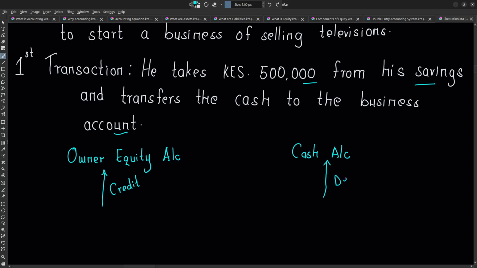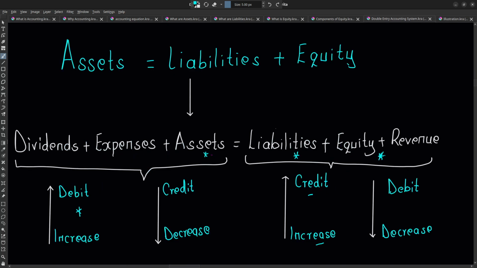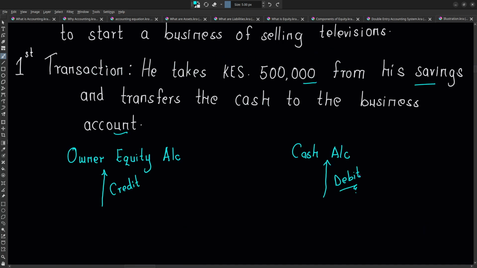And to increase a cash account, which is an asset account, you do what? You debit. Okay, refer again to the accounting equation. You're going to see asset is on the left side, and to increase an account which is under assets, you debit that account.